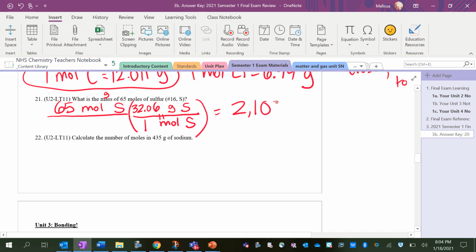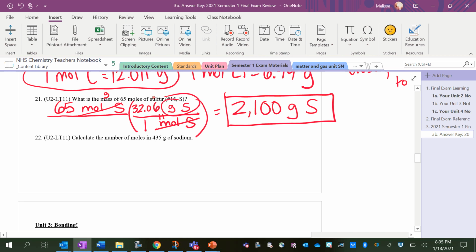It's okay if you round differently. 2,100 grams of sulfur. And I'm going to slash out my moles of sulfur to make sure I did it right. And yes, that's right.